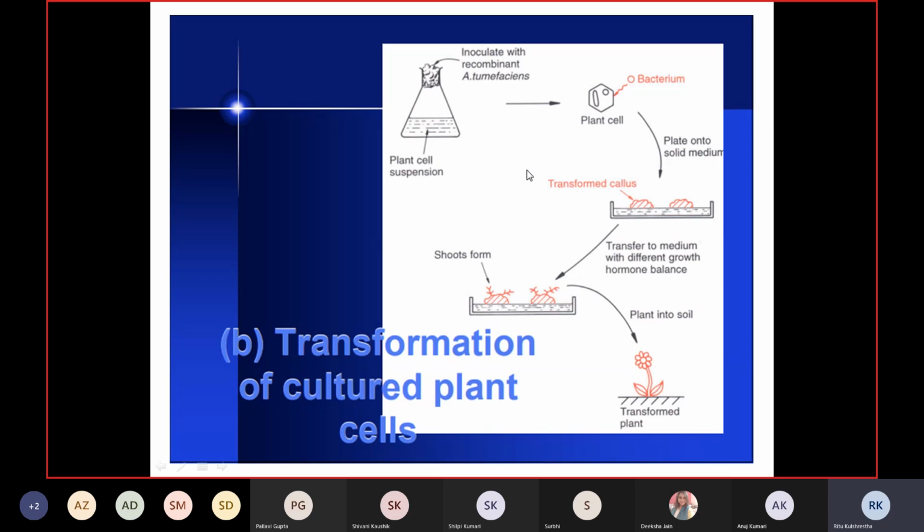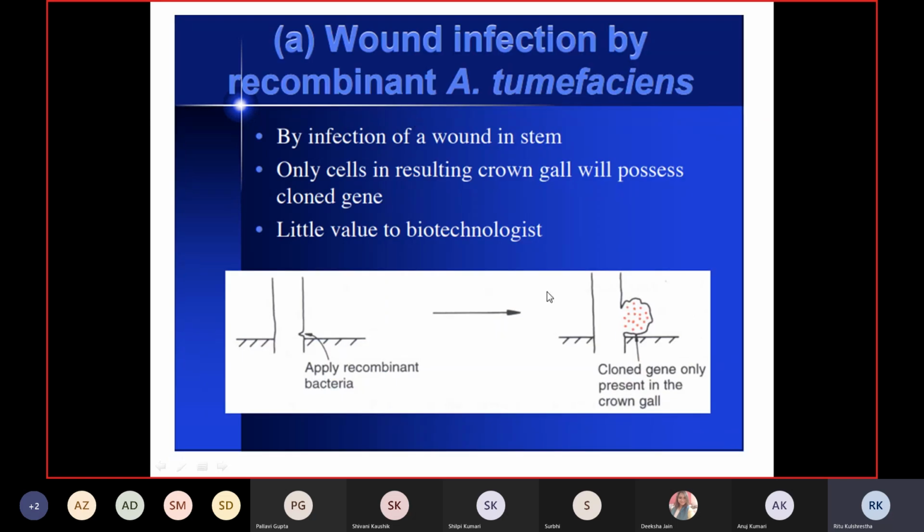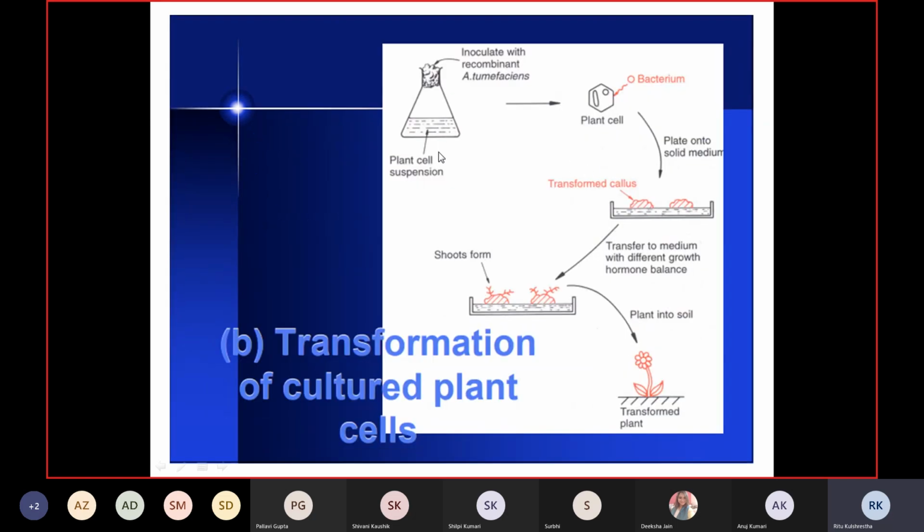Let's say they make a plant callus, or they macerate any part of the plant, and they make a cell suspension. It means my plant cells are now present as single cells in a suspension media. I incubate these plant cells with the recombinant Agrobacterium, in the sense that the Ti plasmid in it is recombinant with my gene of interest. So this Agrobacterium will then infect the plant cell in the presence of those chemicals that promote entry into the plant cell.